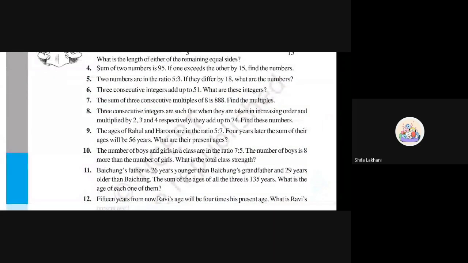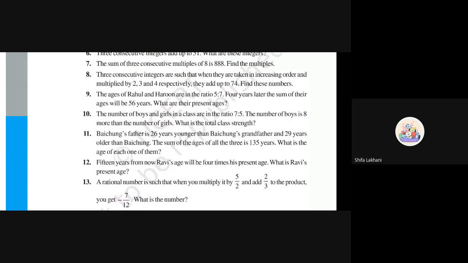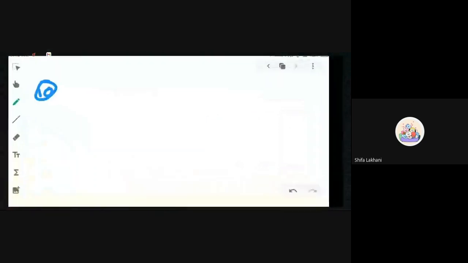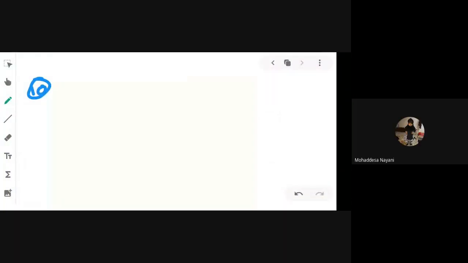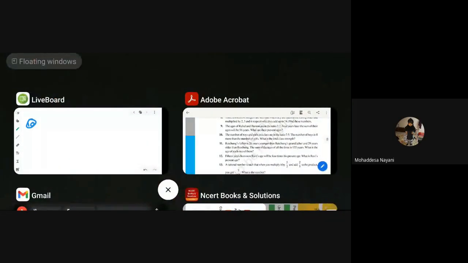Okay, question number 10. The number of boys and girls in a class are in a ratio 7:5. The number of boys is 8 more than the number of girls. What is the total class strength? Very easy question. Ratio given here 7:5.